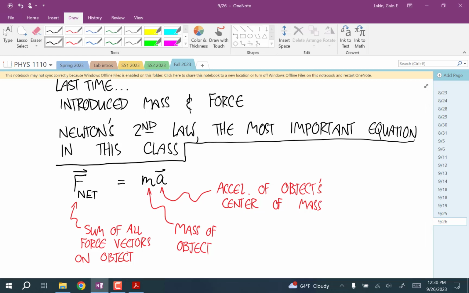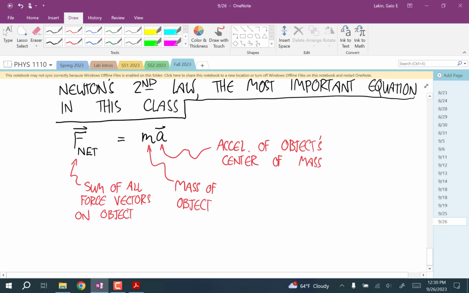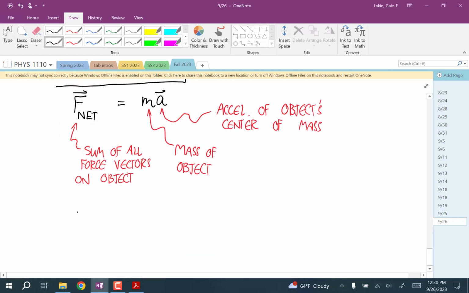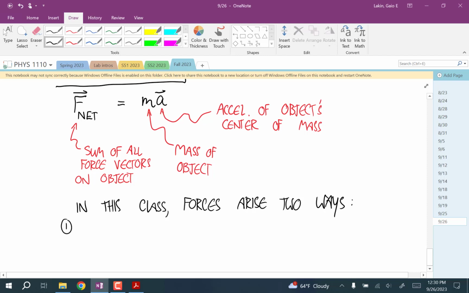In this class, there are only two types of forces that are going to act on things. So in this class, let's say forces can arise two different ways. The first one is weight.